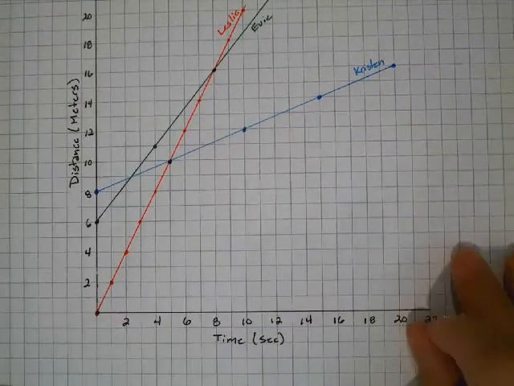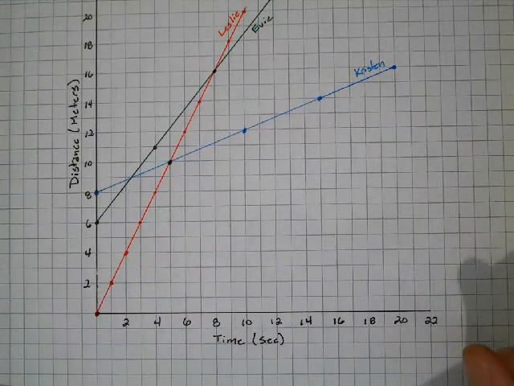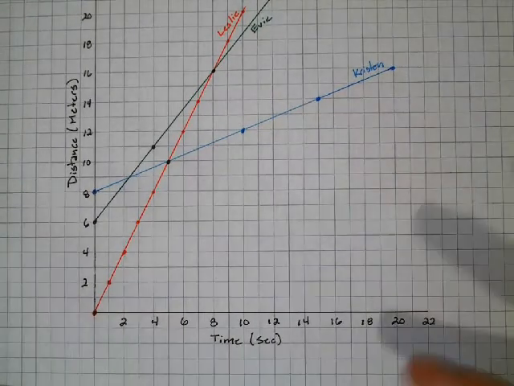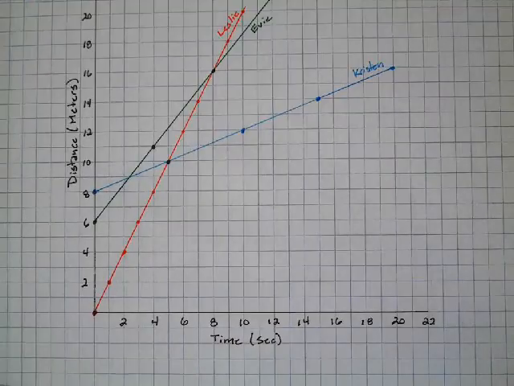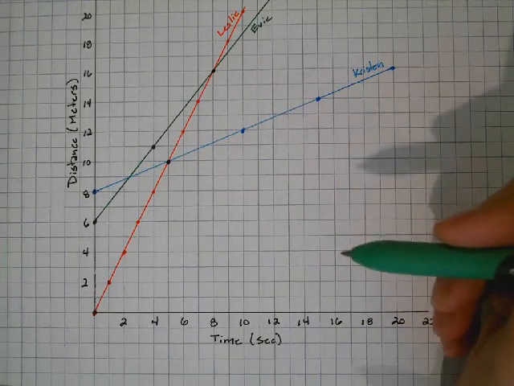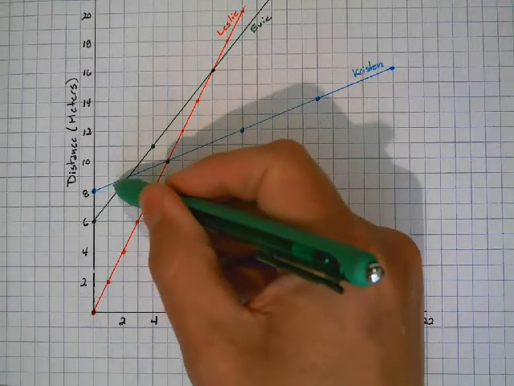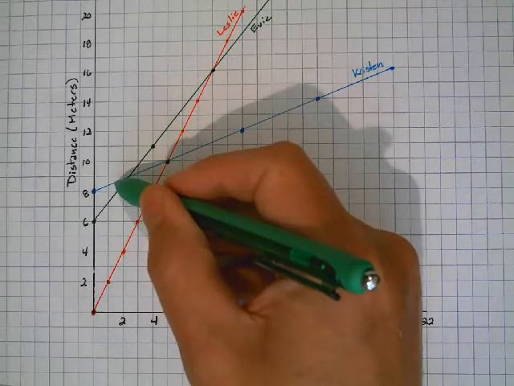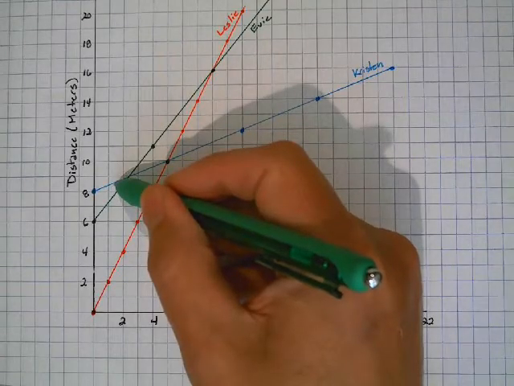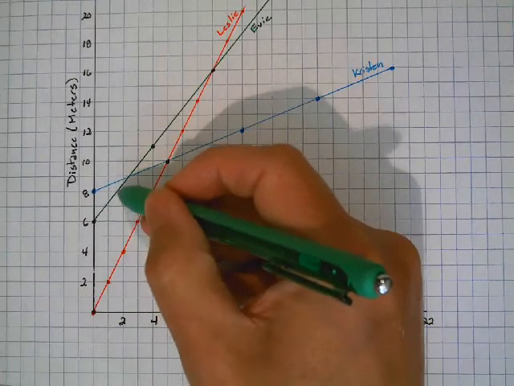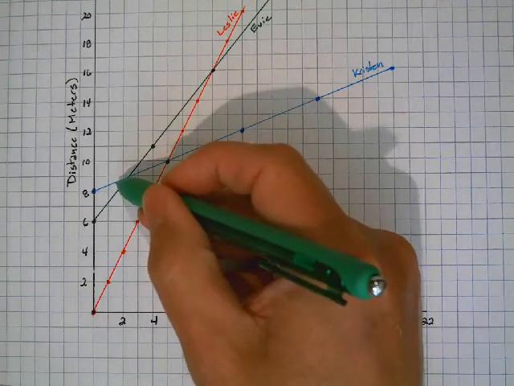Well, just looking at our graph here, there is no indication of who won because at different times, people are at different spots in the race. What if the race was only 8.5 meters long? It looks like over here, Kristin gets there first because at about 1.5 seconds, she makes it there.